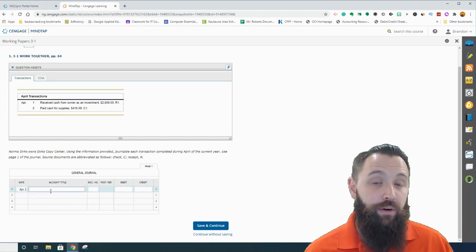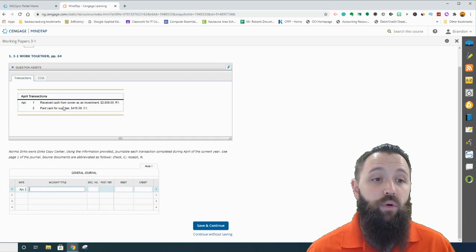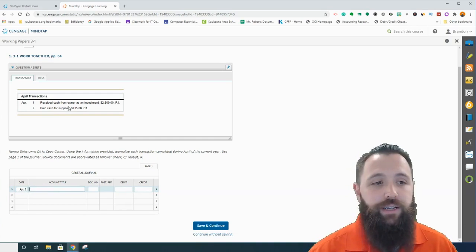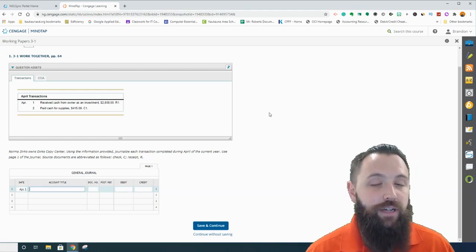And now, remember, we did step 1. Step number 2 is write in the debited account. So it says we received cash from an owner as an investment. We can go back and look at that transaction if we'd want, but what I would do is I'd make a T account and I'd say, what's happening to cash? Well, cash is going to increase. So what do I have to do to cash to have it increase?